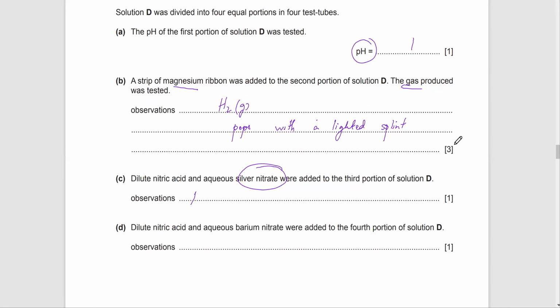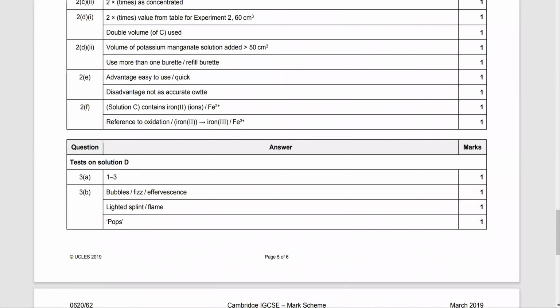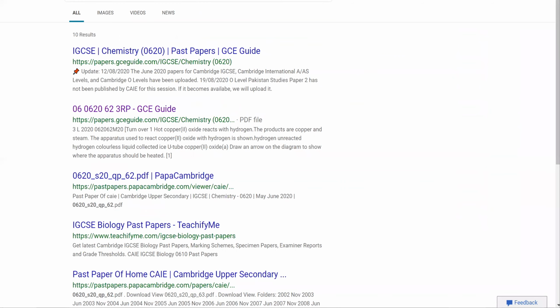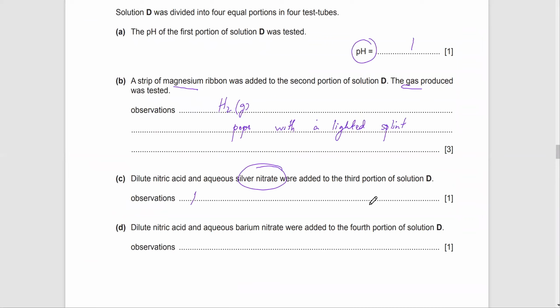Because it's 3 marks, write H2 gas, write effervescence, write everything that you know about it, just to be on the safe side. If you have 3 marks for that, write everything.